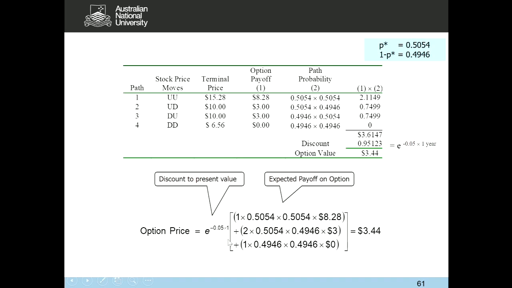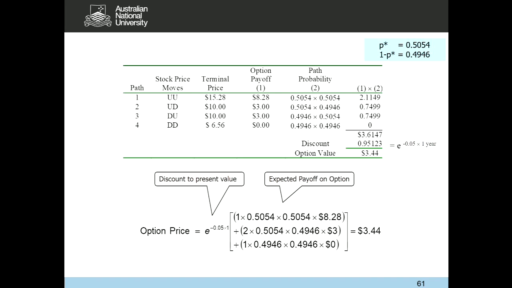And there's only one way that the share price can go down, right? Which is going down and going down again. And that would lead us to a $0 payoff. All right? Now, that is the expected payoff at the terminal point. So that's 12 months from today. And remember, this time, we are not working at each branch of the tree.